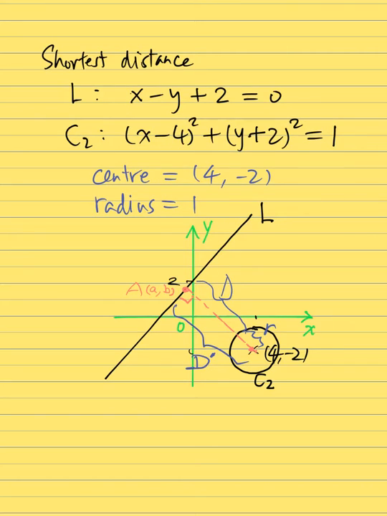A is the intersection point of the line L and another line L1, which is perpendicular to L and passing through (4, negative 2). L1 is perpendicular to L, and L1 passes through (4, negative 2).